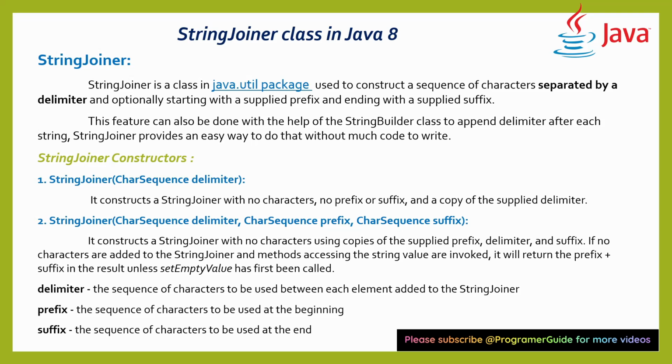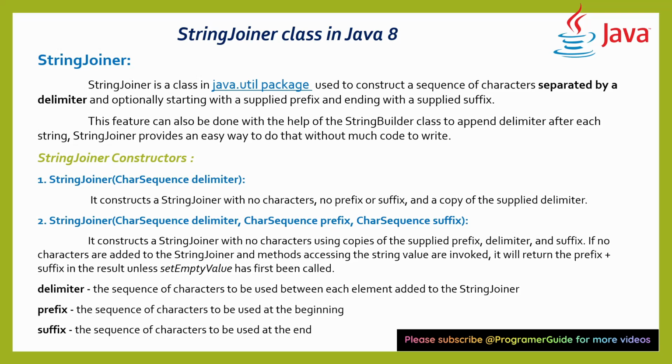StringJoiner is a class available in the java.util package, and it is used to construct a sequence of characters separated by a delimiter, optionally starting with a supplied prefix and ending with a supplied suffix. This can also be done with StringBuilder by adding the append method on each and every line.